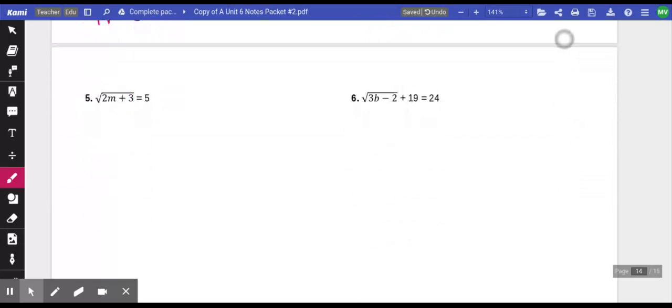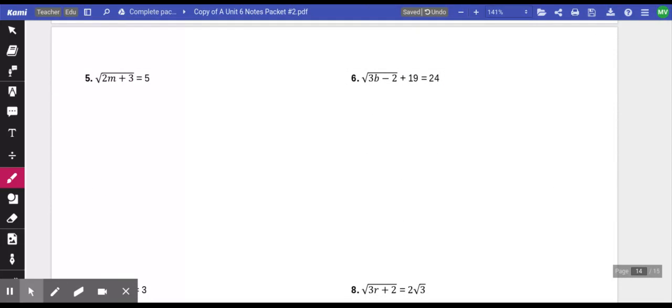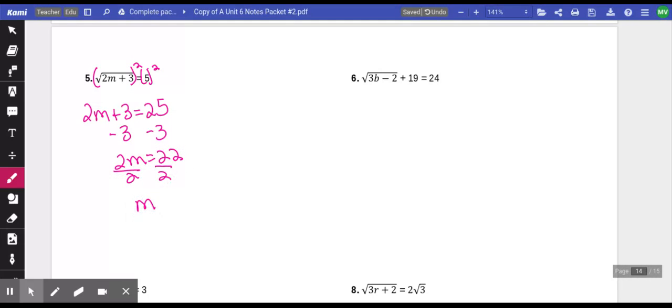Number 5, the square root's already isolated, so I square both sides. And I have 2m plus 3 equals 25. I subtract 3, 2m equals 22. Divide by 2. m equals 11. Number 6, I need to isolate the radical, so I subtract 19 from both sides.